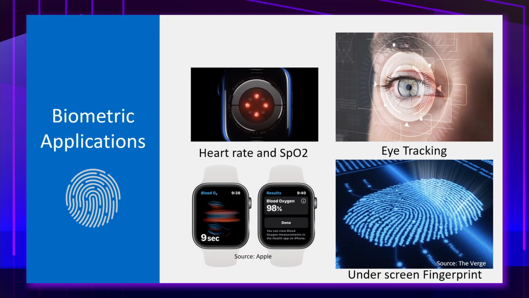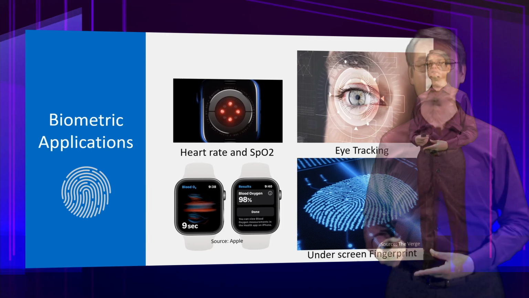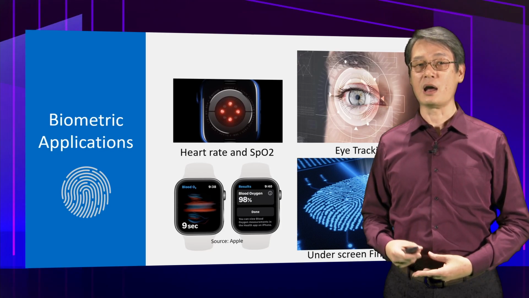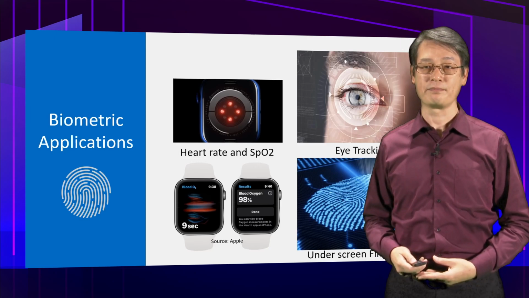Besides facial recognition, other biometric applications such as heart rate and blood oxygen level detection on wearable devices become very useful to monitor personal health condition. And eye tracking and under-screen fingerprint are another two examples among many others.